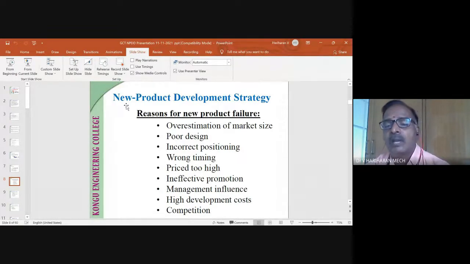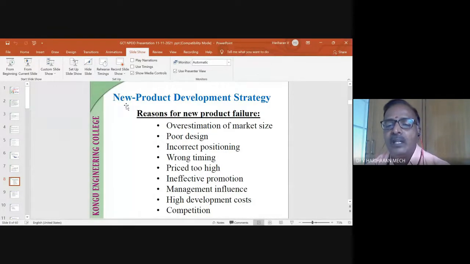Then wrong timing, that is when you have to launch, is very important. Time is also very important. Then the price is too high. Sometimes, to get more profit from the initial product, you set a higher cost. So if the cost of your new product is too high, that is also one of the reasons for failure.